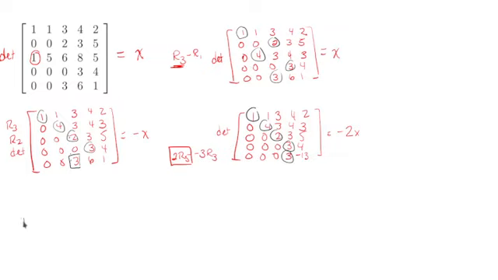So I'm going to take row 5 minus row 4. And that's going to give me 1, 1, 3, 4, 2, 0, 4, 3, 4, 3, 0, 0, 2, 3, 5, 0, 0, 0, 3, 4, and 0, 0, 0, 0, and then negative 13 minus 4 is negative 17.